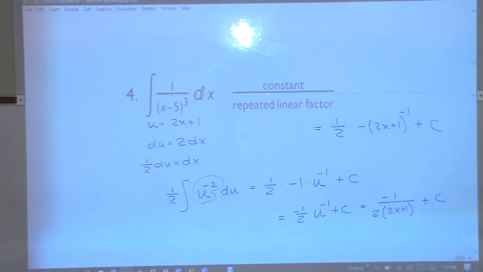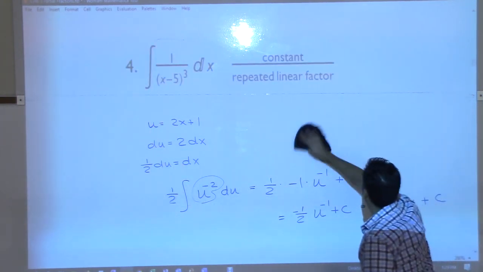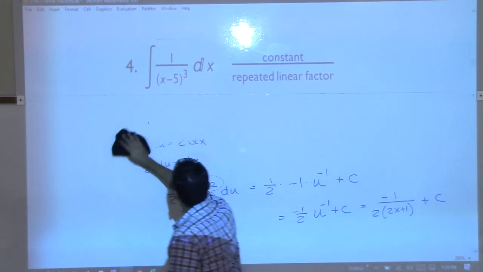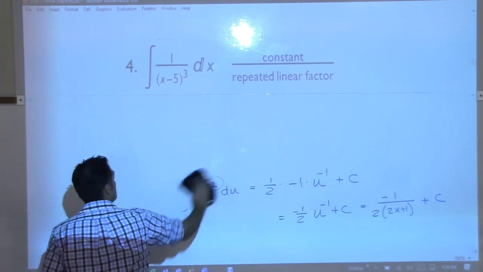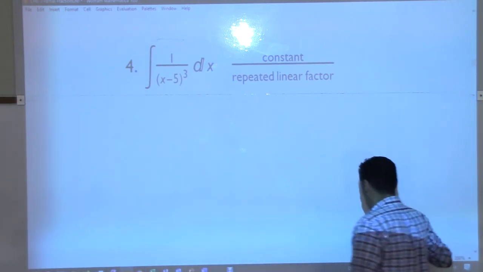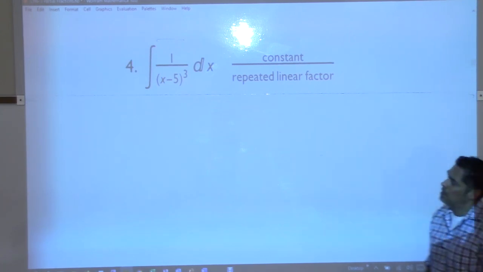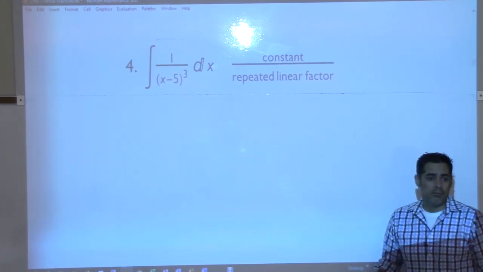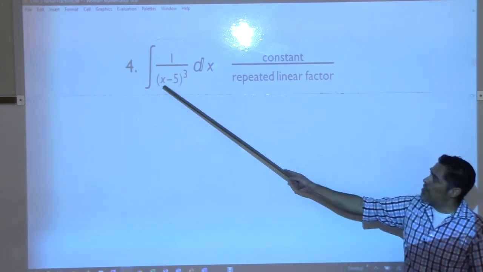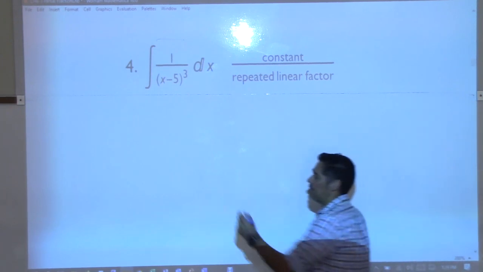How about this? Let's see if we can work through this one. This is the same format, isn't it? A constant over a repeated linear factor. So for this, let's see if we can do it without writing down any u substitutions. Do you have to scale? No. You don't, because there's a 1 in front of the x, right? So you don't have to scale by anything.